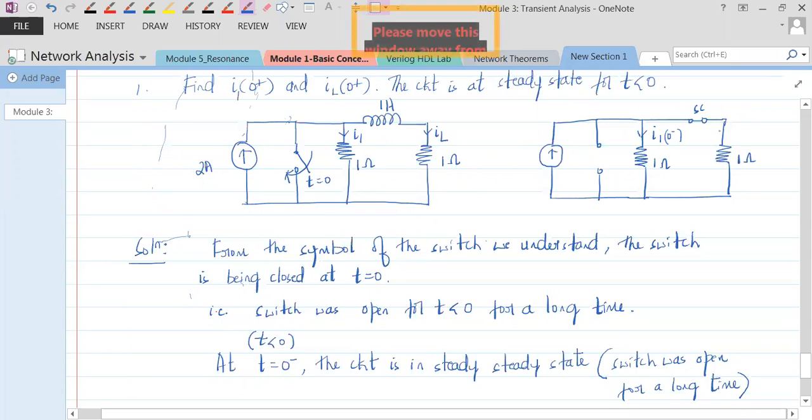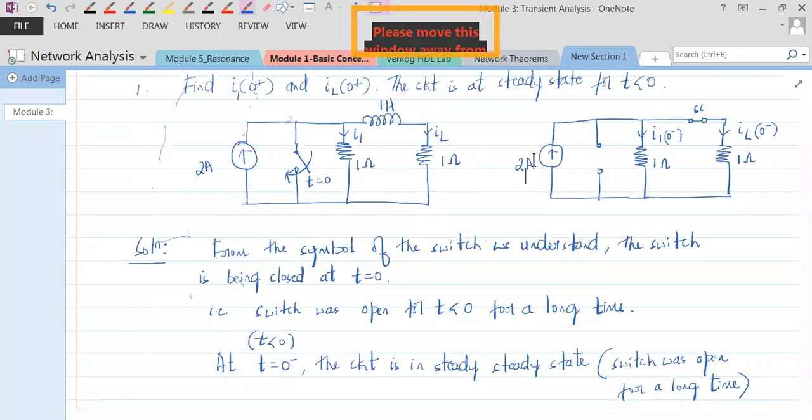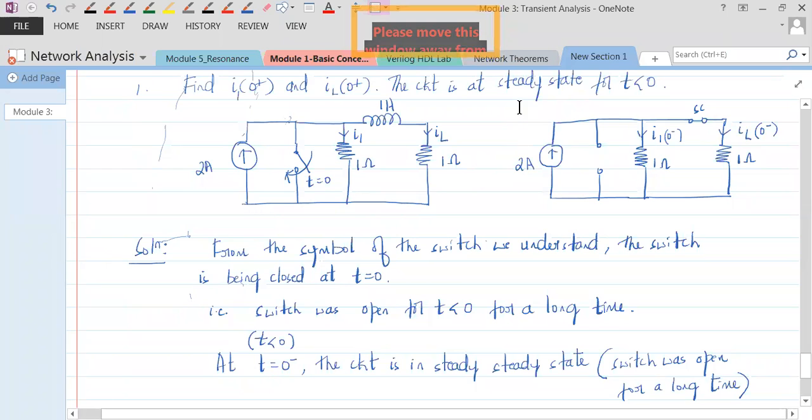Everybody okay with this? So what is the current flowing here? It is IL of 0 minus. So the current flowing here is 2 amps. This is how the circuit looks at t equal to 0 minus. So let's copy this.